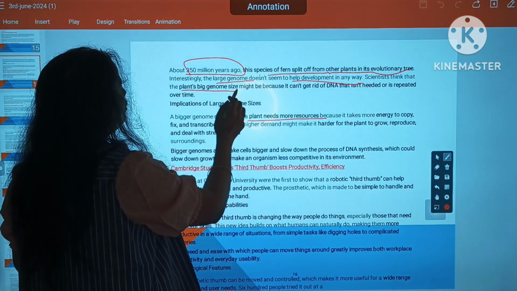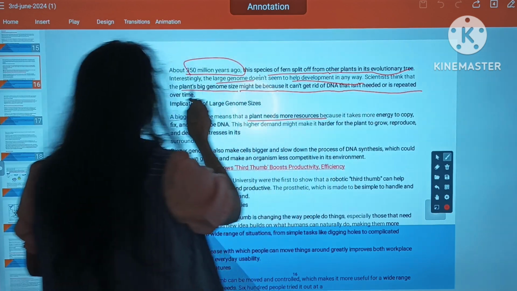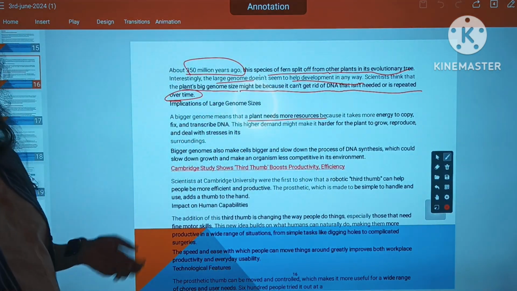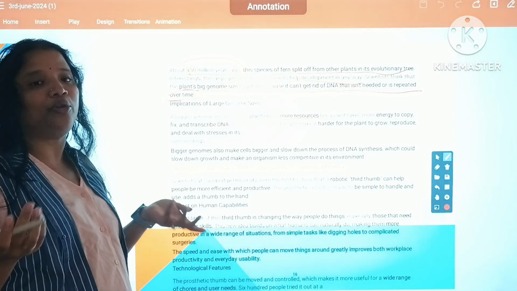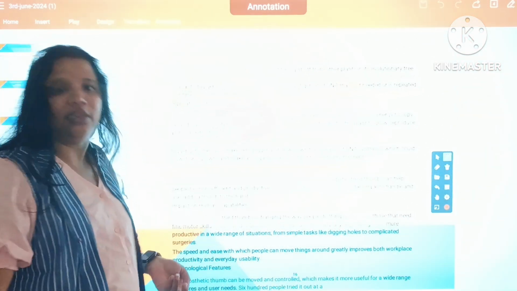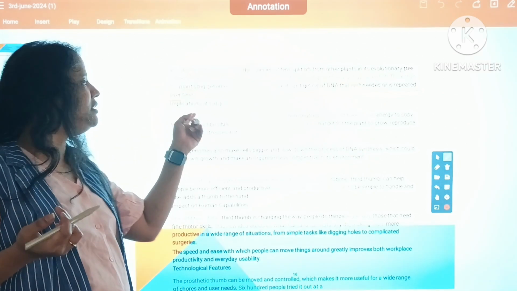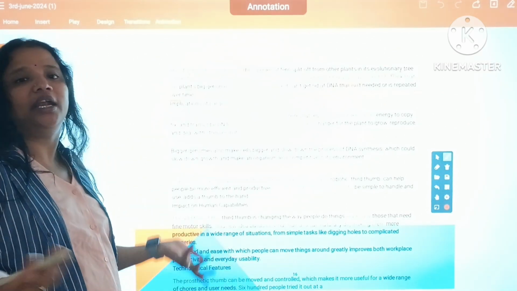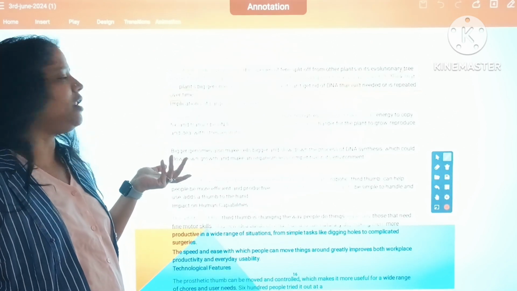So the plant's big genome size might be because it can't get rid of DNA that is not needed or repeated over time. Means automatically it is growing. Suppose you see some people's hair grows until it reaches the palm. They can't stop the growth like that. Its genome goes on repeatedly, it is growing, it can't control, so it is going very long.